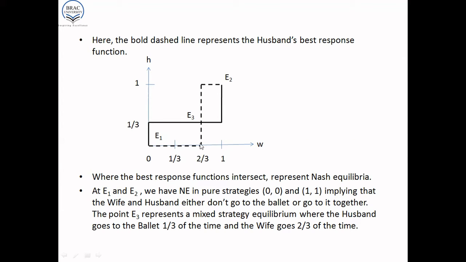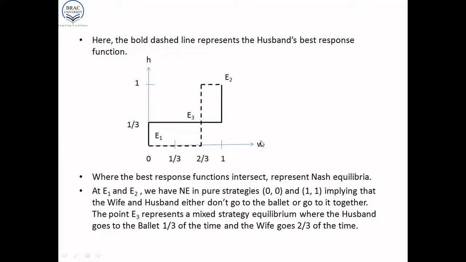And when W is greater than 2/3, the husband should set a probability between 2/3 and 1. So this dashed line, right?